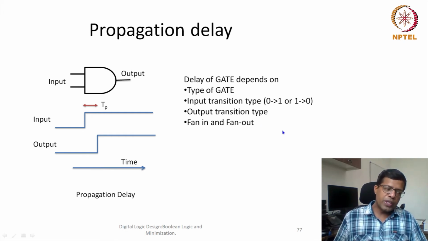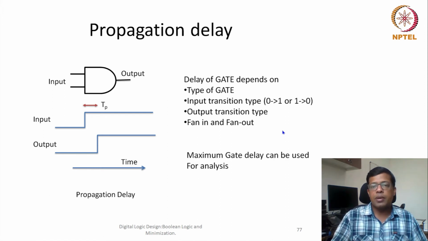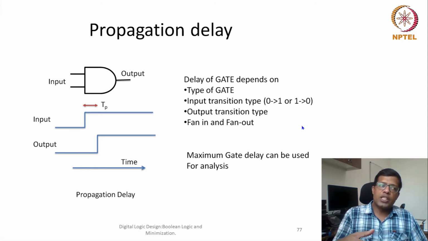So we take certain assumptions. Many times we take the maximum gate delay for analysis. Say 0 to 1 and 1 to 0 are two different delays for the output; whatever is the maximum, we take that as the propagation delay of that gate. Other than that, because fan-in has a larger contribution, different models can be given for the fan-in of the gate.